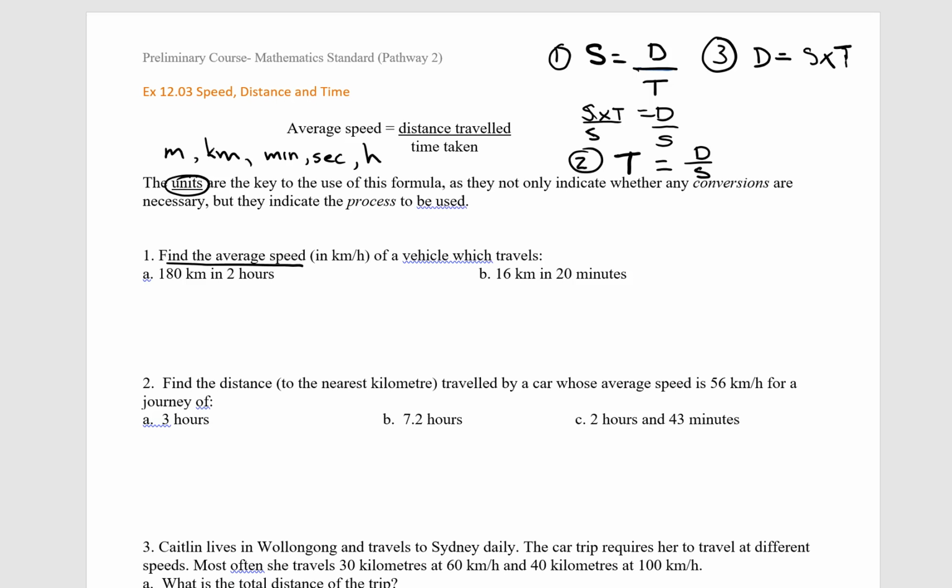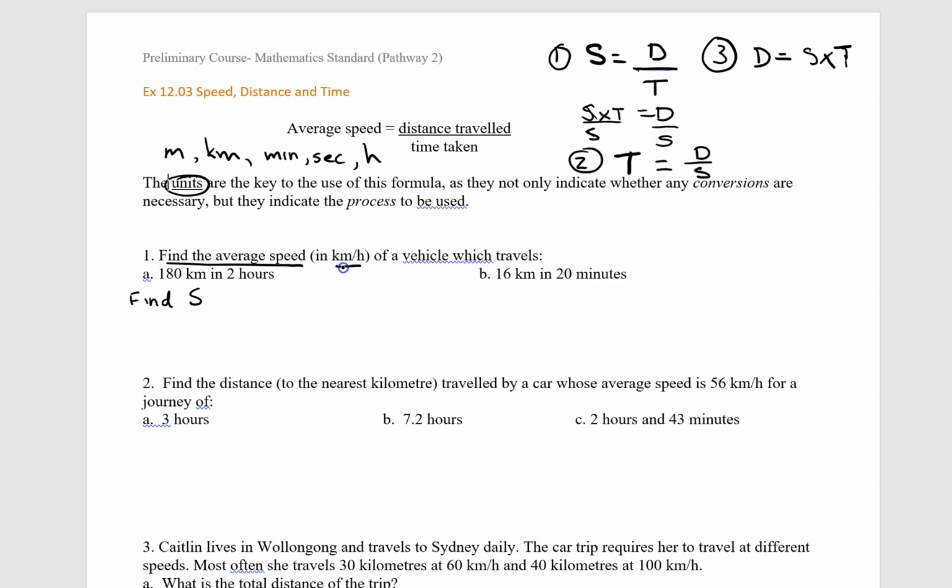In this example, you're going to see me use our very typical problem-solving technique where we underline the important aspects of the question. So I've underlined find the speed. I should really indicate that in my answer, that I know what I'm trying to find.